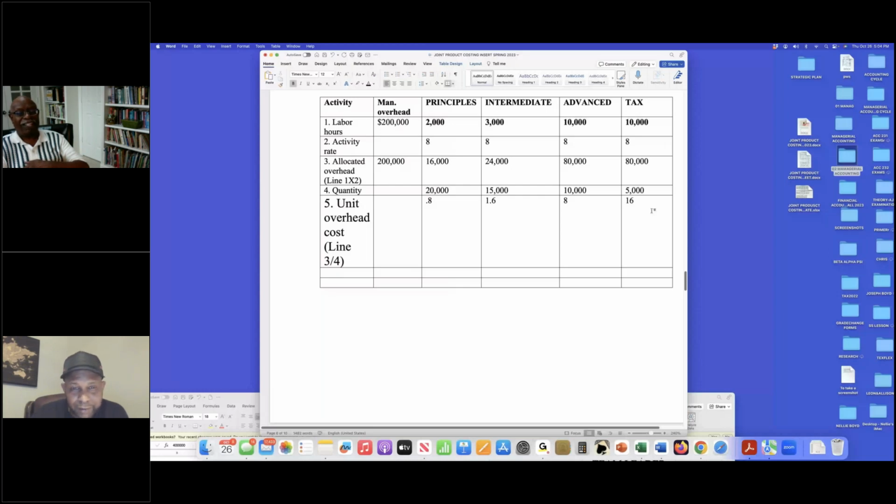It's different, isn't it? No, we're taking the overhead and dividing it by the hours. Remember step 1, total overhead, which is 200,000. No, you've got to break it down by book. It's 16,000 for the principal book.